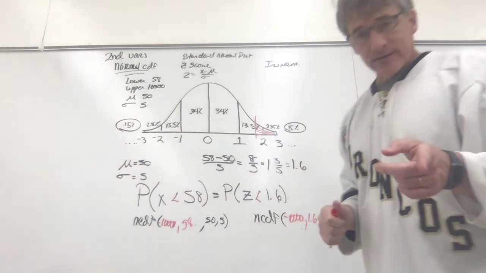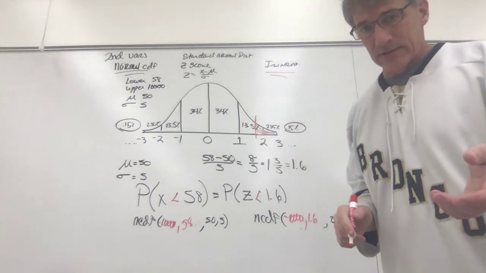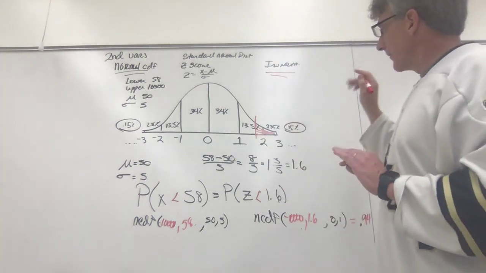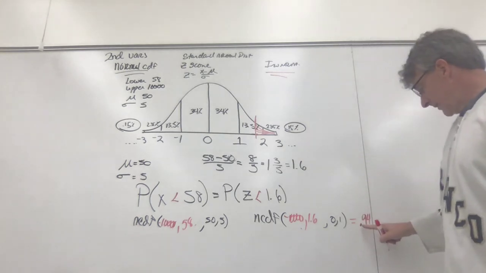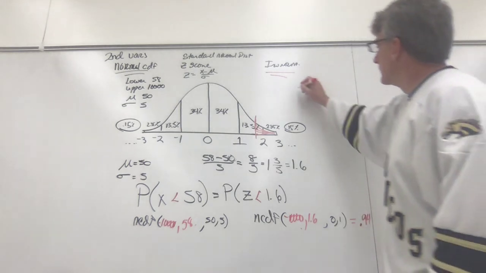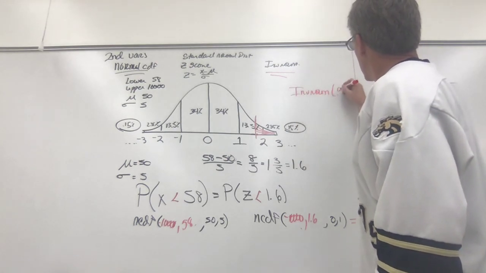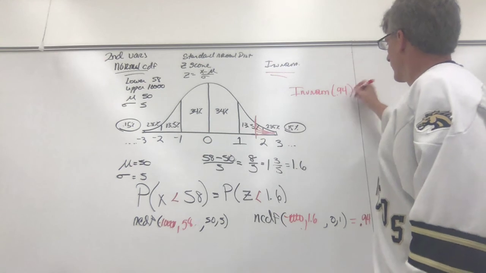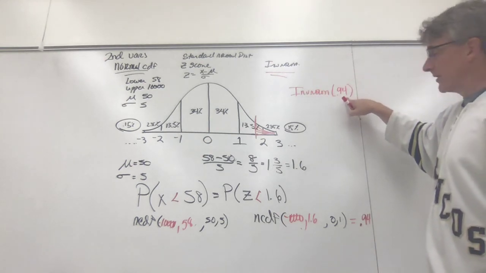And the reason that's significant is invnorm operates in percentile. Let me show you what I mean. So if I do invnorm 0.94, and if you're looking at the older version, which mine will say, it'll say invnorm, and I just type in the 0.94.